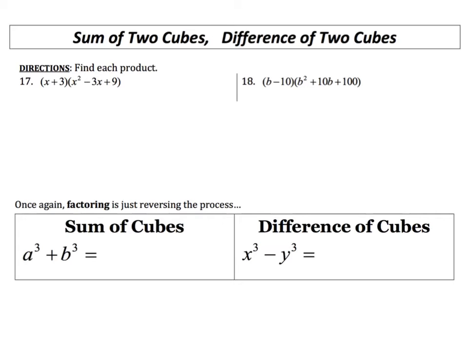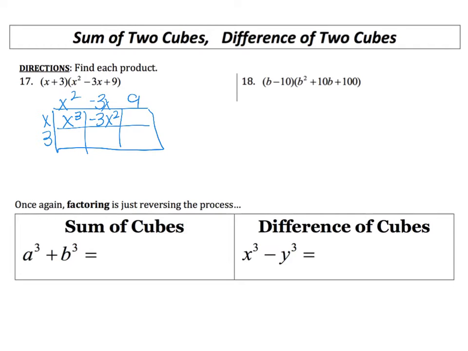Finding each product. Well, if I use a box to multiply those together, x plus 3 times x squared minus 3x plus 9, I get x cubed, negative 3x squared, and 9x.